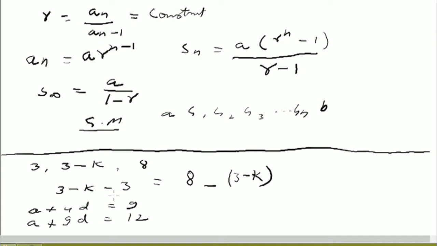Very important thing in the AP is the first term and the common difference. So anyhow, try to find a and d at the first instance. You will get everything automatically. Very easy.